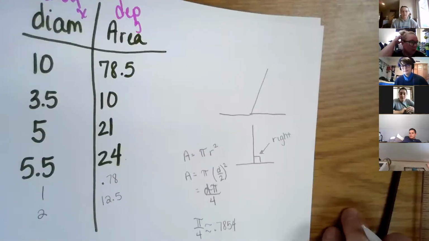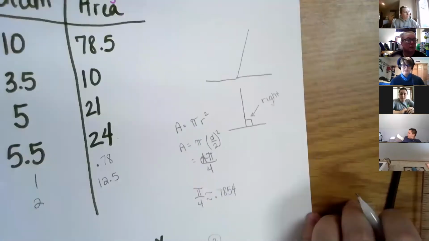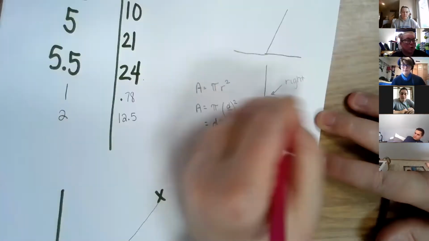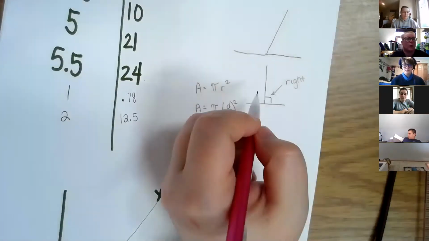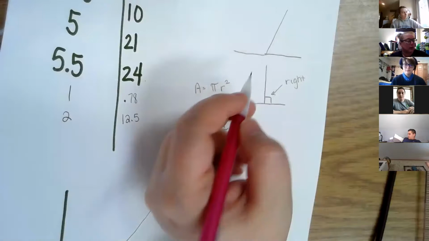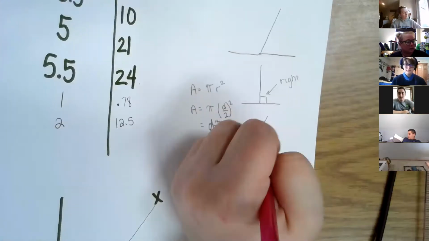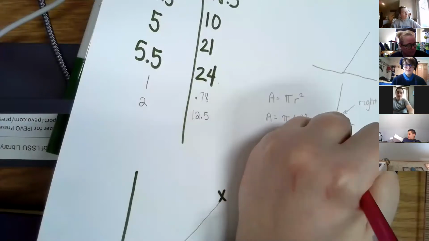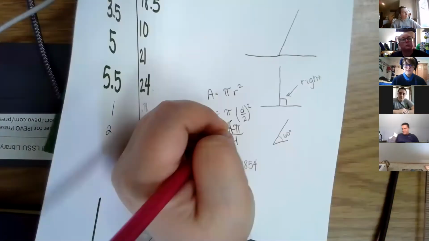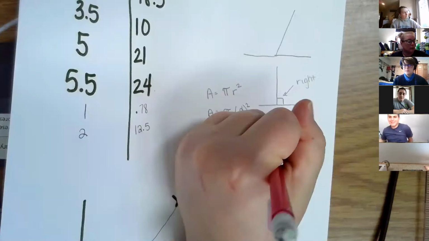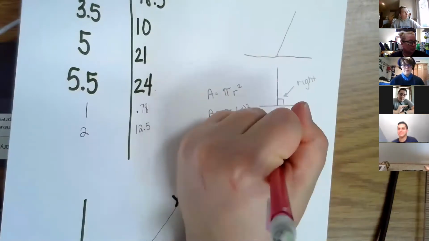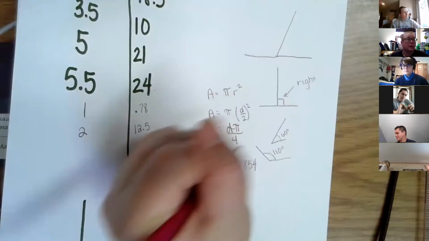What I would do is literally start making flashcards with your kids that show these drawings, and on the back say right angle. Then have things that look like this, so that would be an acute angle, and then an obtuse angle.